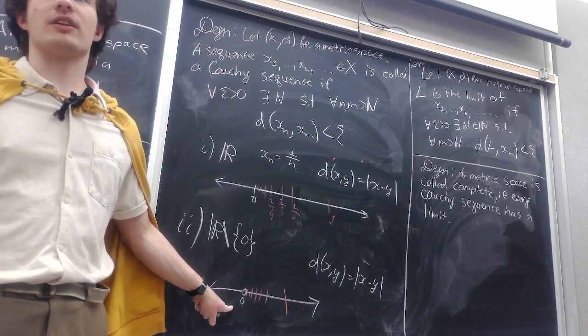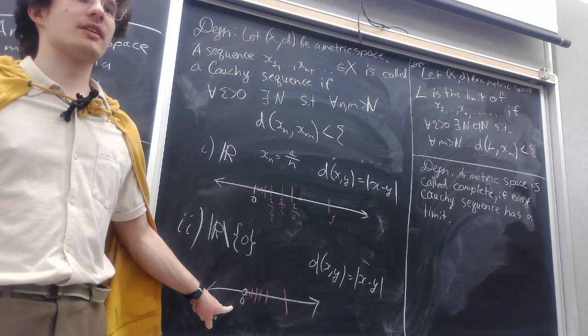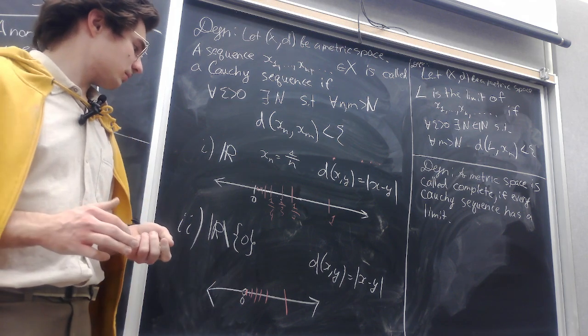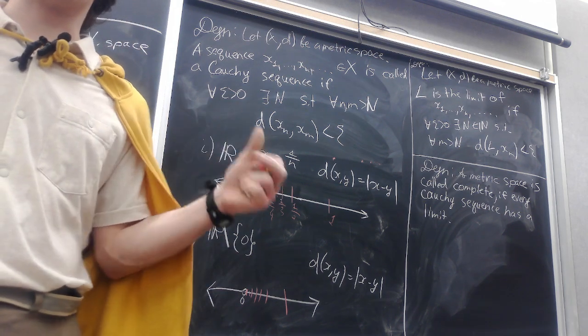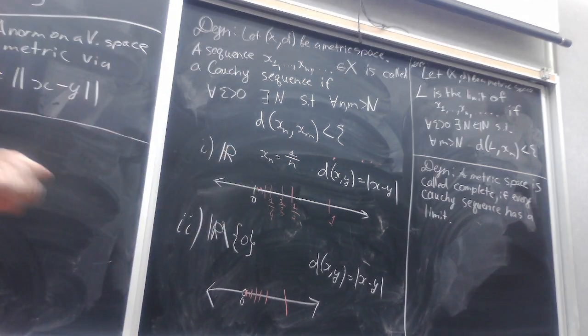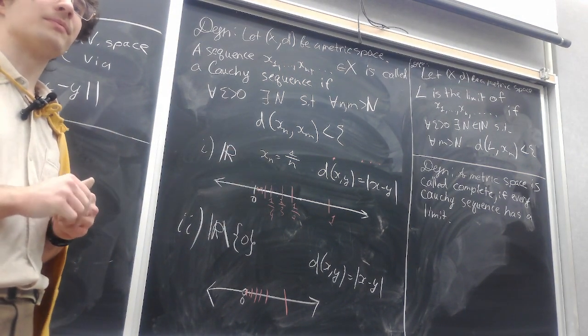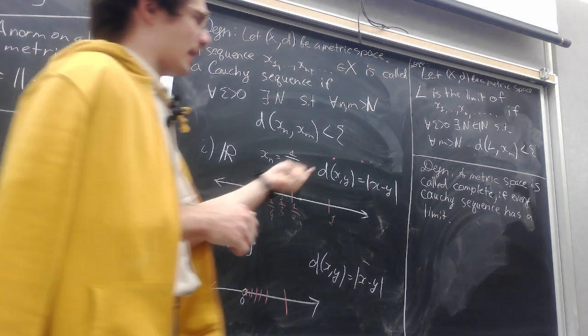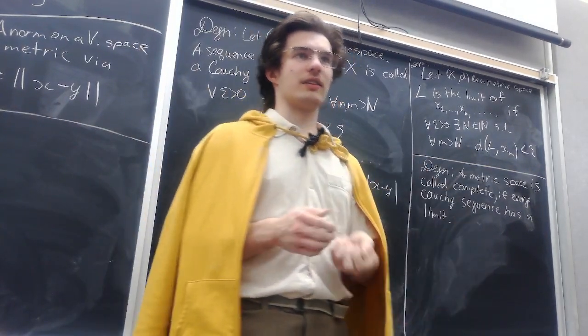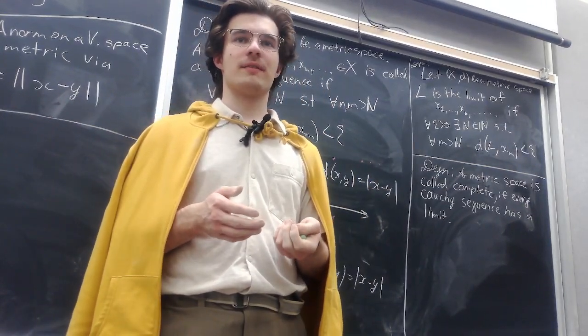The metric is still well defined. Nothing breaks. So sometimes that's not the case. You might have points that keep getting closer to each other, but there's no limit in that space that they get closer to. And so now, let's call metric spaces complete.